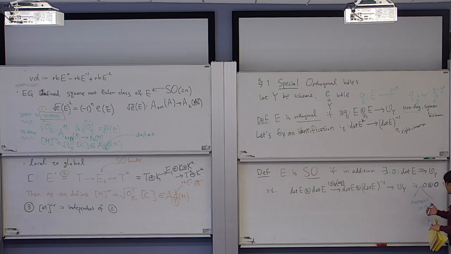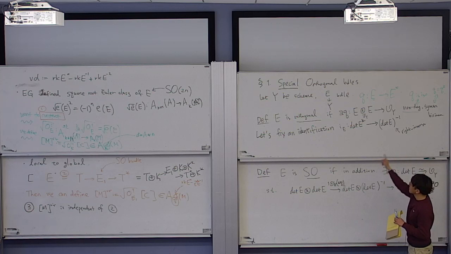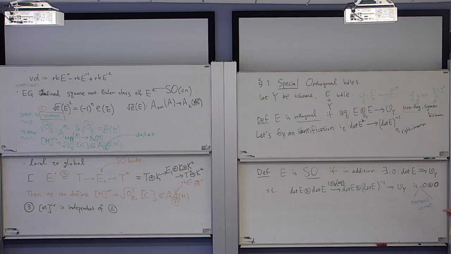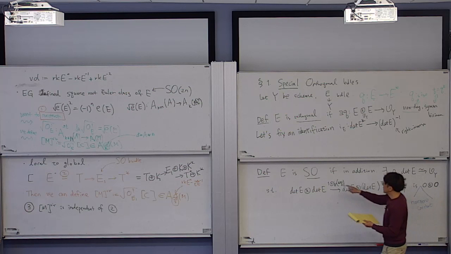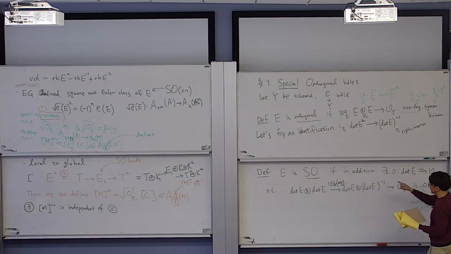Here we may choose several conventions for this constant, and also you can choose another convention for this identification. Anyway, if it is special orthogonal, it means it is equipped with this orientation as well.